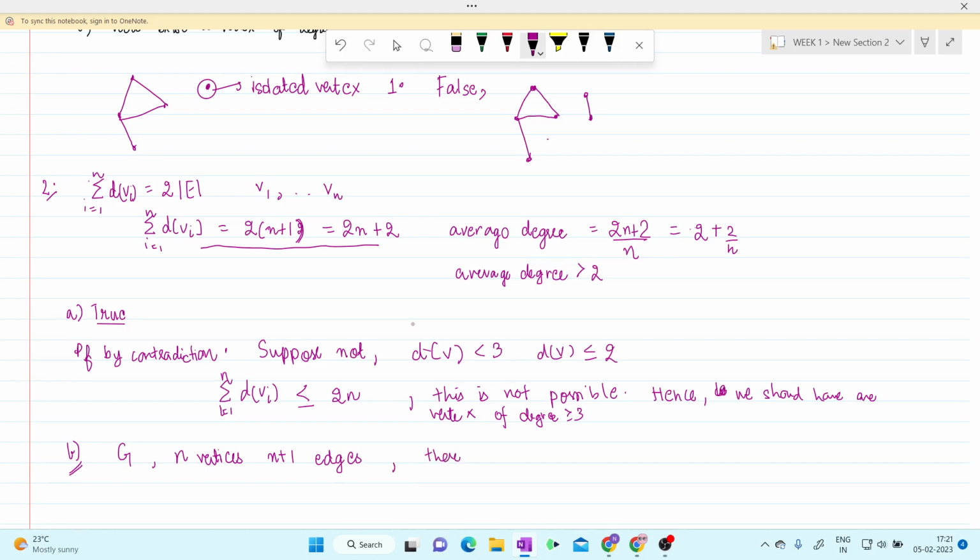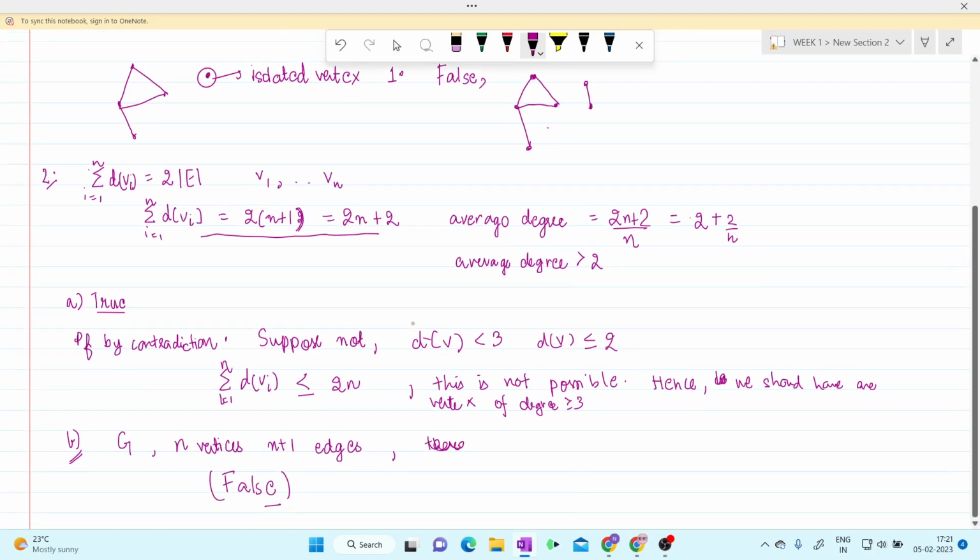But this you can see is false. Suppose we consider this graph.